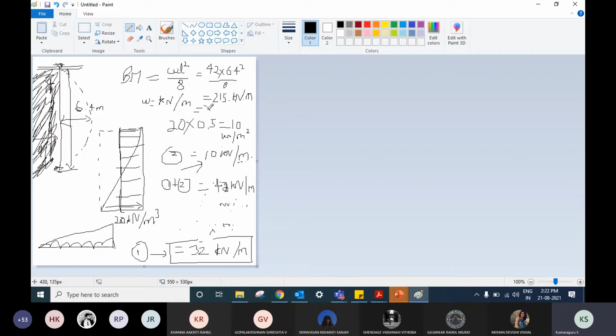So multiply by a load factor 1.5. So 215 into 1.5. This is your final factored load, bending moment. That's 322.5. Okay.